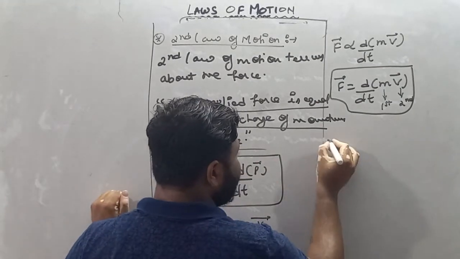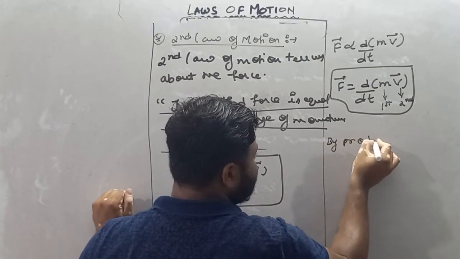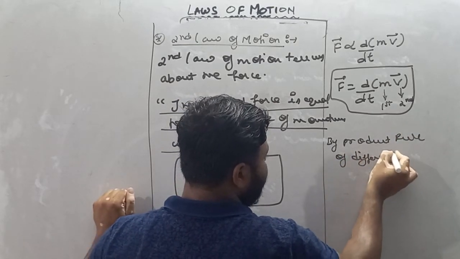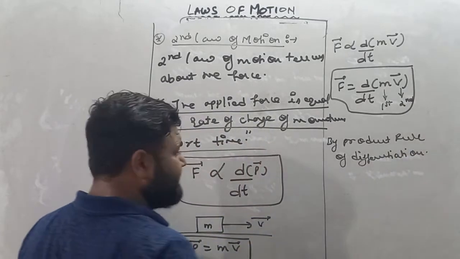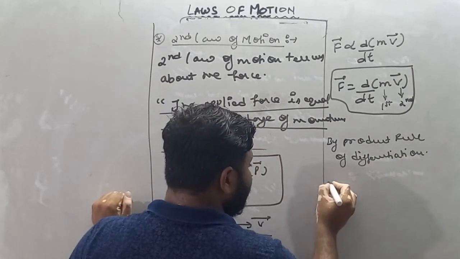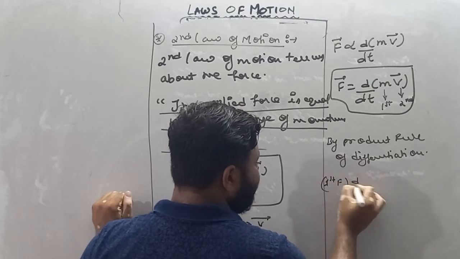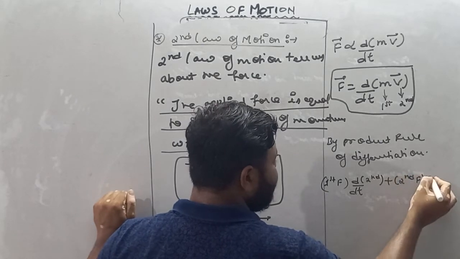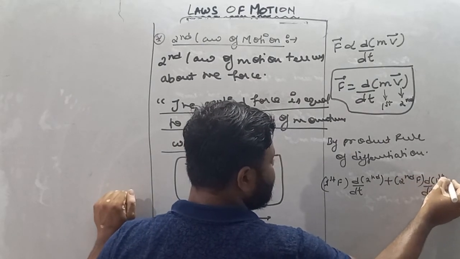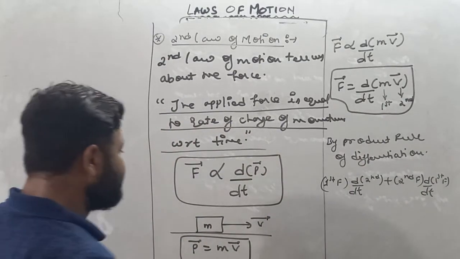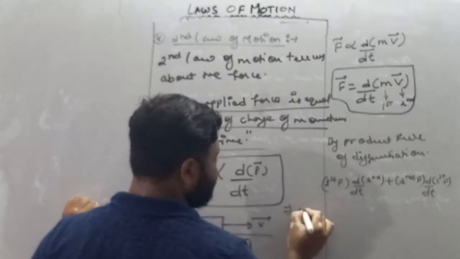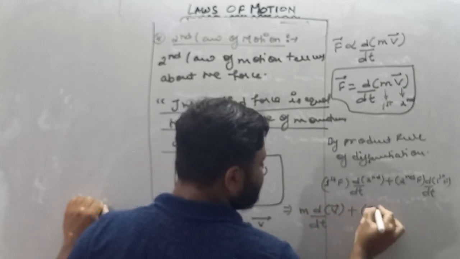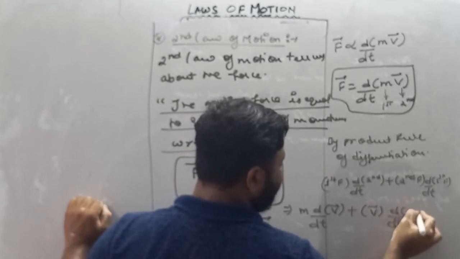The product rule says: first function as it is, differentiation of second function, plus second function as it is, differentiation of first function. So the first function is mass and the second function is velocity.